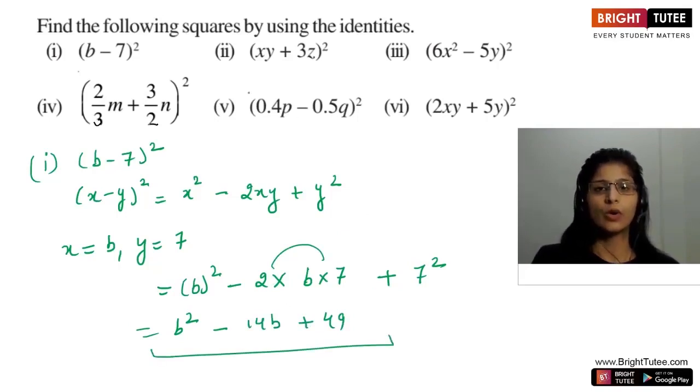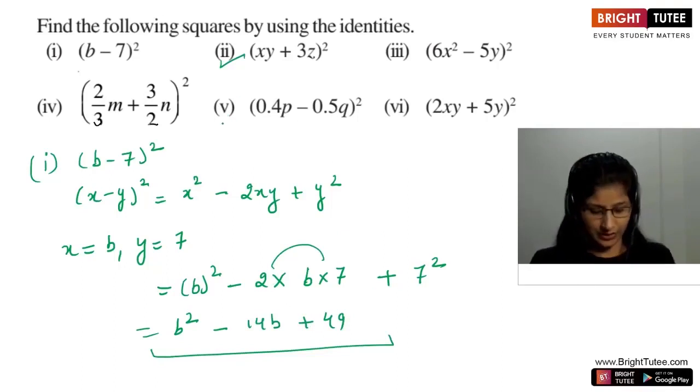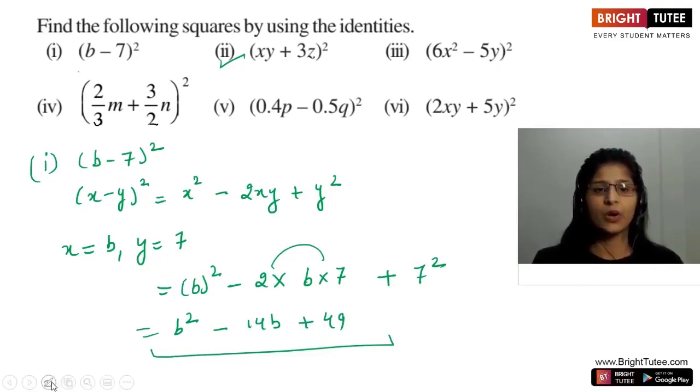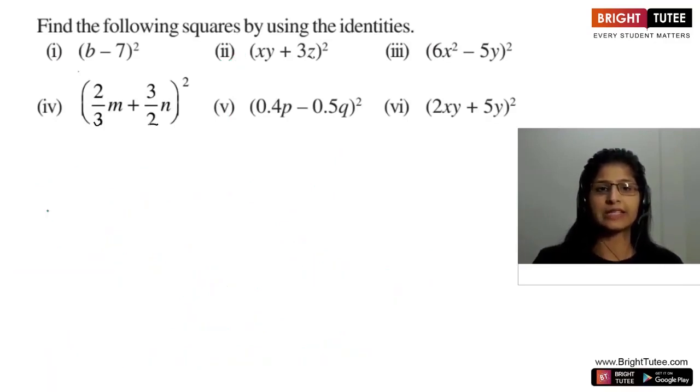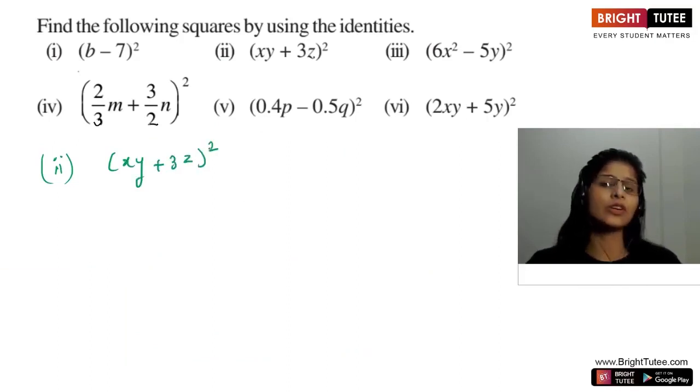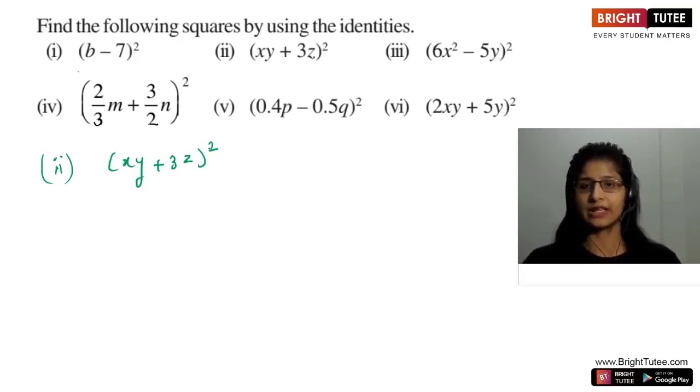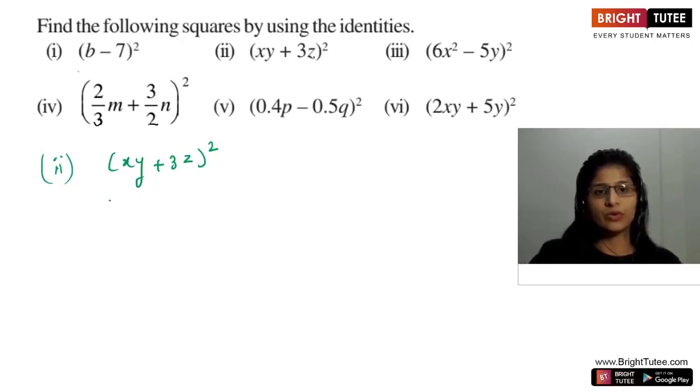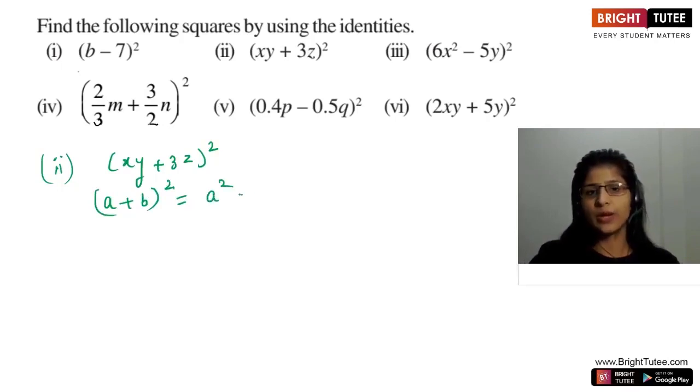Okay, now let us try the second part of it. What we have to do is see what polynomial is given to us. The polynomial given to us is xy plus 3z whole square. So can you think of the identity that we have to use? Think about it. We have already learnt it. So it is a plus b whole square, right? So we will use a plus b whole square, that is equal to a square plus 2ab plus b square.